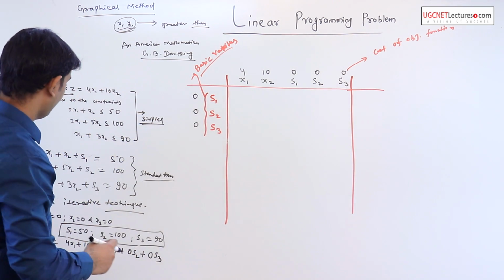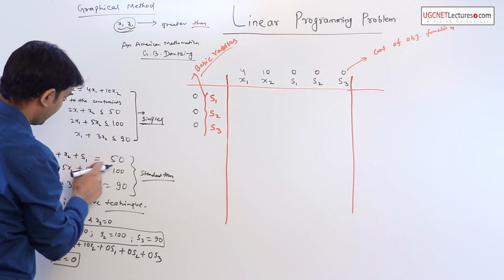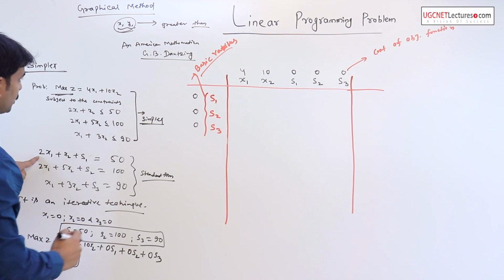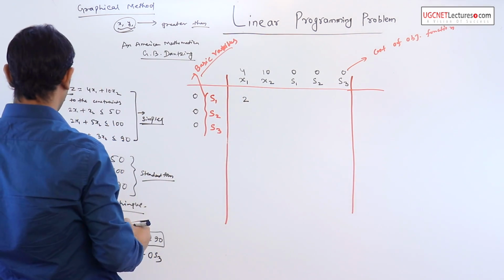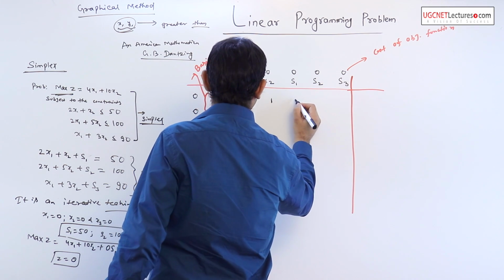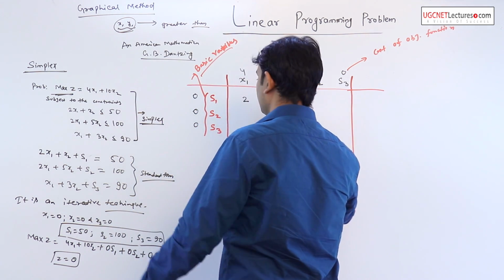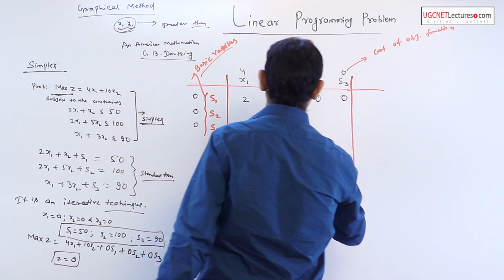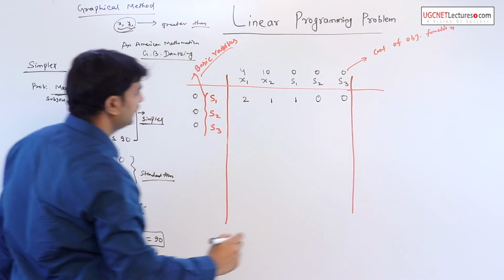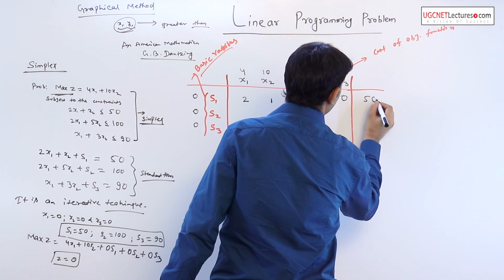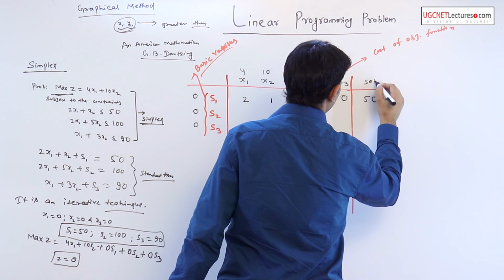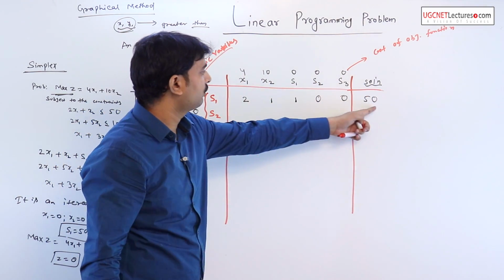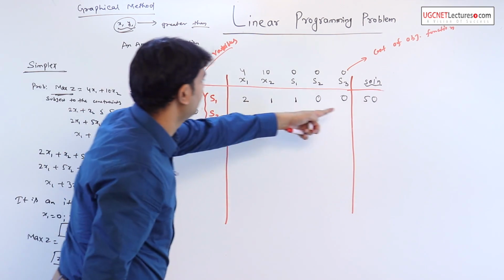Now we have to write the equations in the table. In the first constraint, the x1 coefficient is 2, x2 is 1, s1 is 1, and there is no s2 and no s3, so those are 0, and the right hand side is 50. That means 2x1 plus x2 plus s1 equal to 50 is the first constraint.